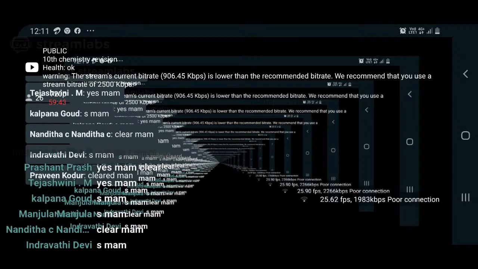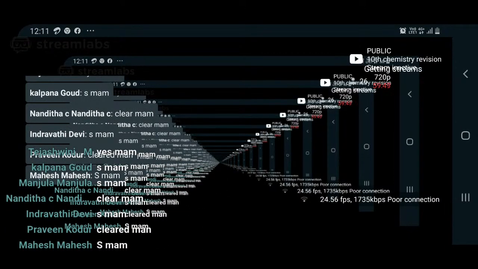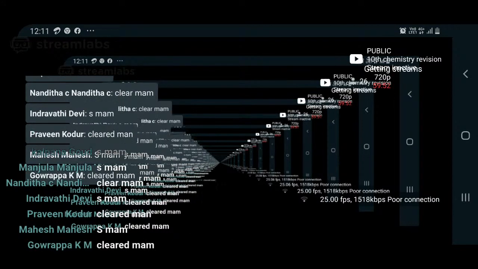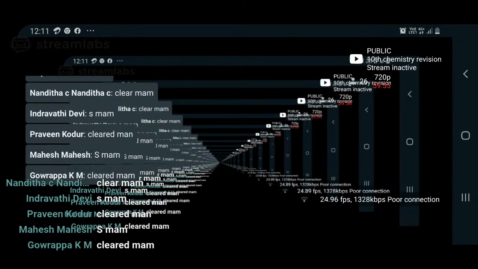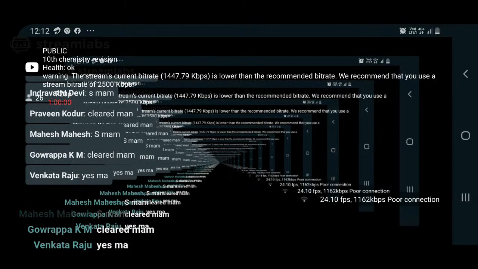Our next concept is functional group. Now, in hydrocarbons, if some other atom is attached in place of hydrogen, it is called a functional group. If chlorine is attached, then the name is haloalkane.